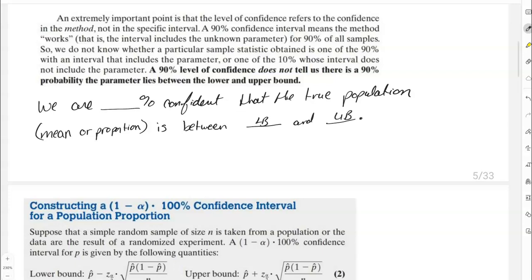So there's a statement that you could use to summarize what you found.